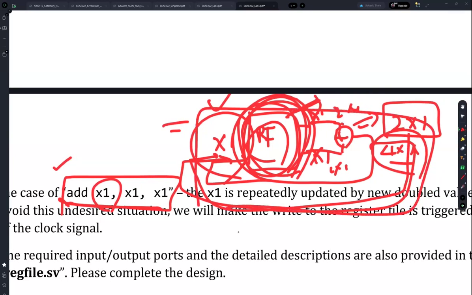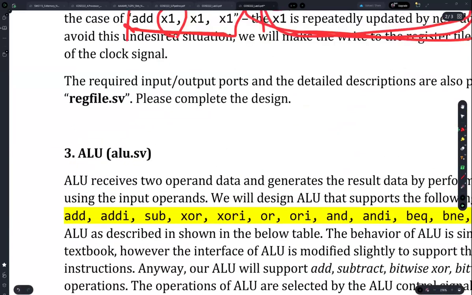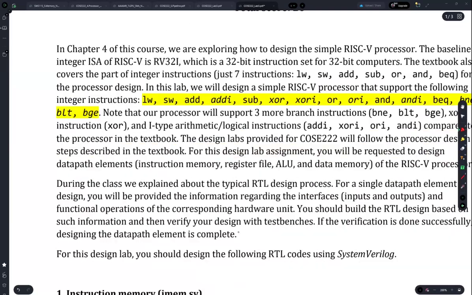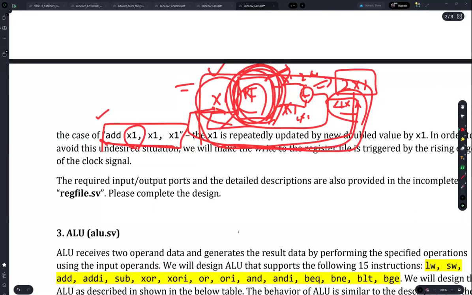The data memory is also the same. The data memory has input and output ports, which means data can be read from the data memory and we can also write data to it. In the data memory, the write process is also synchronized with the clock signal in order to avoid this combinational loop.